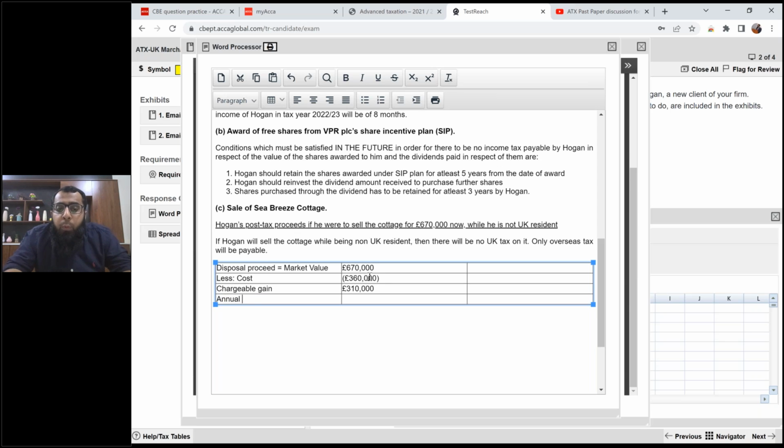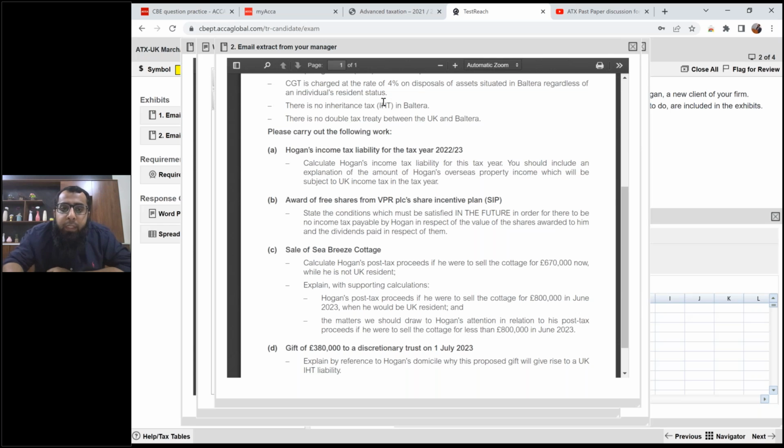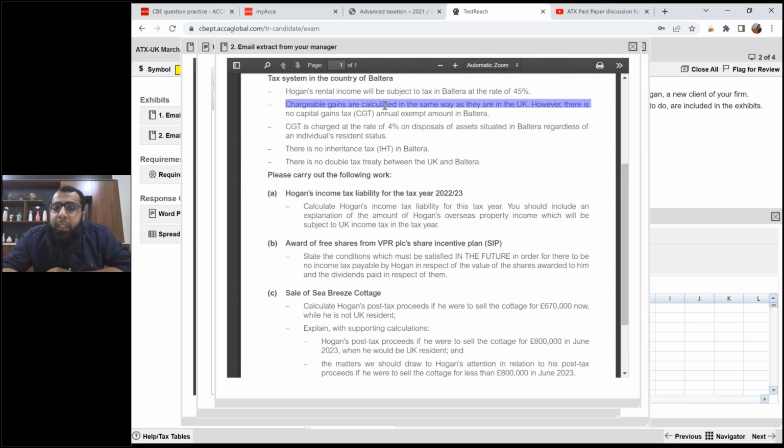Okay. Now annual exemption. What will be the annual exemption? Will anyone tell me? The annual exemption is 0. Why is it 0? Because here it is written, chargeable gains are calculated in the same way as they are in UK.